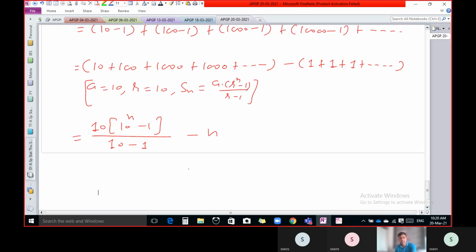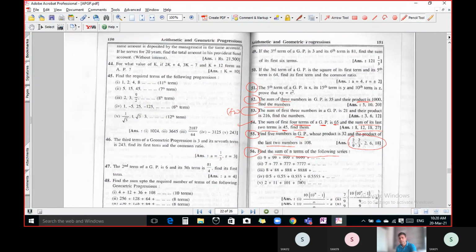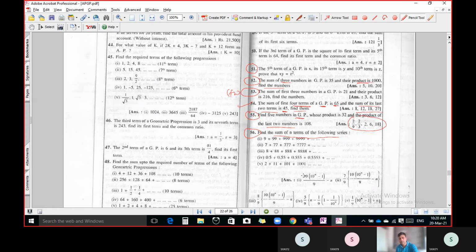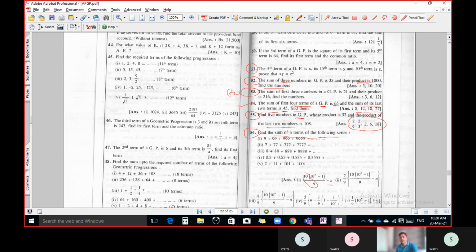So my final answer: 10 minus 1 is 9, so you can write 10 upon 9 in bracket 10 raised to n minus 1, minus n. This is my final answer: 10 upon 9 into 10 raised to n minus 1, minus n.